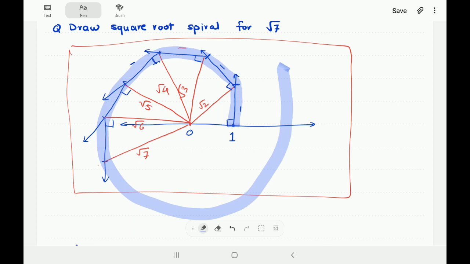Simple addition, subtraction, multiplication, division, nothing else. One more thing we need to understand here: this topic is completely taking us towards knowing irrational numbers. Till this time we have discussed rational numbers, fractions, their operations and all those things. So we are no more focusing on rational numbers. In fact, we are going to work on irrational numbers.